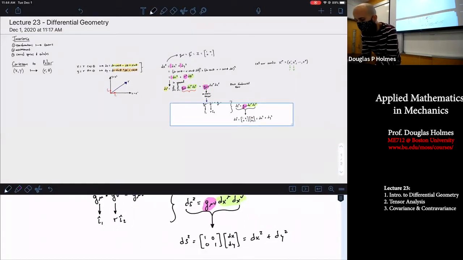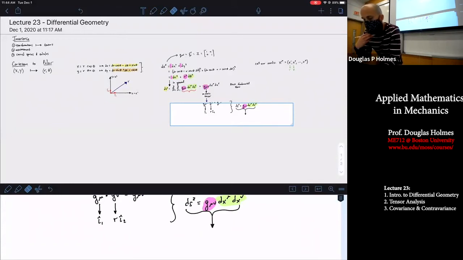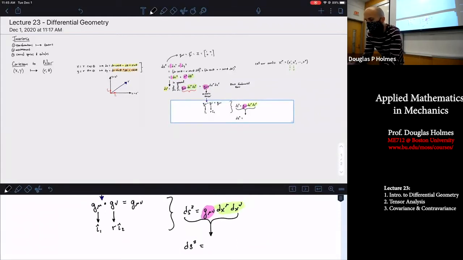So for Euclidean space, I'm just going to erase this so that we do it all as formally as possible. What this is saying is, these are just the indices that we can put numbers in for. Let's take the G11 component of our metric tensor and multiply that by dx1 times dx1.